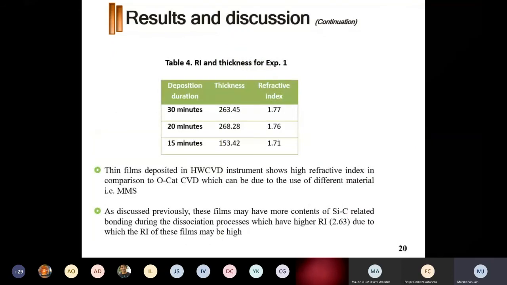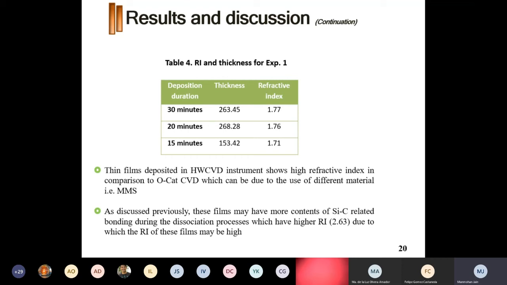So here we can see again the refractive index and thickness of our samples. Both the thickness and refractive index have changed a lot in comparison to OCAD CVD. The refractive index is 1.7 to 1.77, which can be due to the use of a different material like MMS.